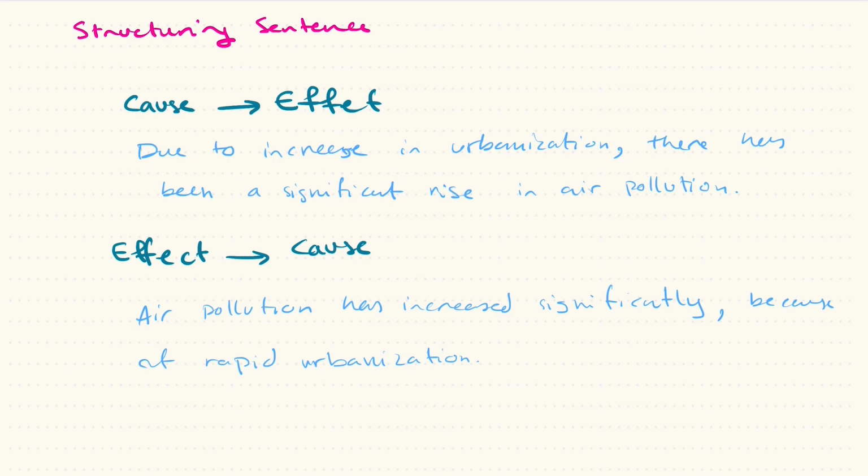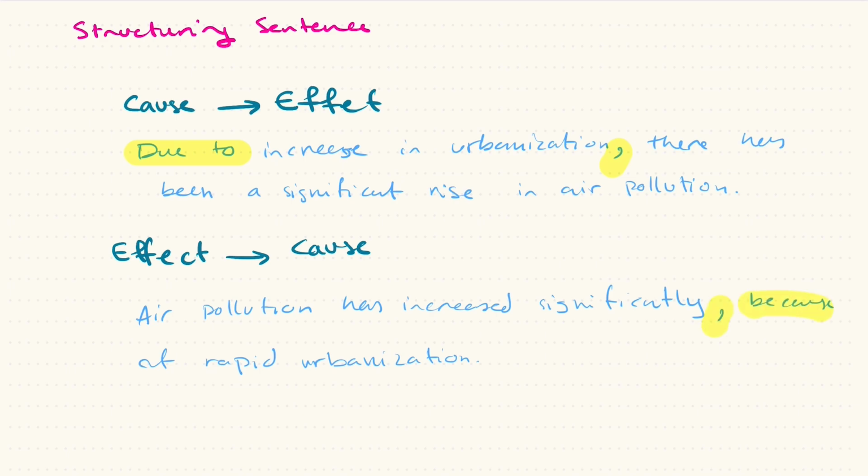These two sentences are essentially exactly the same idea, but we are changing the cause and effect order. In the first one, we use due to, signaling that we are talking about the cause, and then we use this comma, signaling that we are moving to the effect, and eventually end the sentence. In the second type, effect then cause, we are talking about air pollution first, and then because.